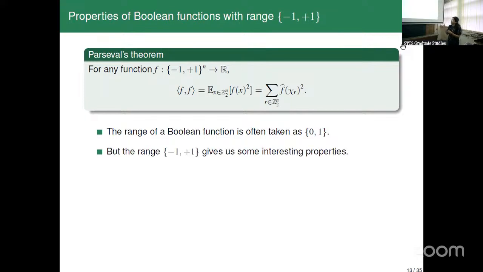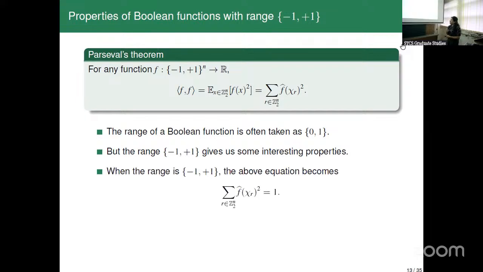Boolean-valued functions could also have 0, 1 as the range, but here the range is plus or minus 1. Whenever the range is plus or minus 1, it turns out that the sum of the squares of the coefficients is equal to 1. This is one of the nice properties that these functions have.